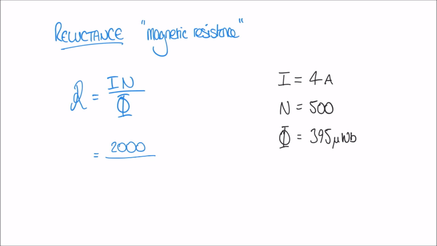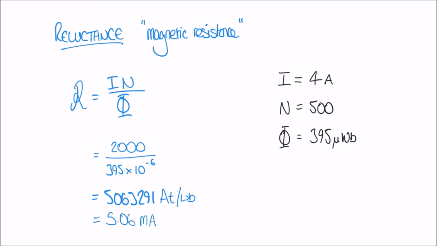Well, we have to express that in webers, so that'll be 395 times 10 to the minus 6. And if I calculate that, I get quite a large result of 5,063,291 amp turns per Weber. And using our knowledge of standard prefixes, we can say that that's the same as 5.06 mega amp turns per Weber.